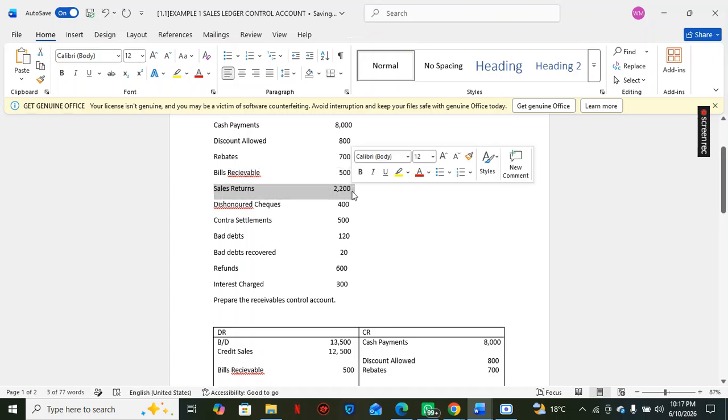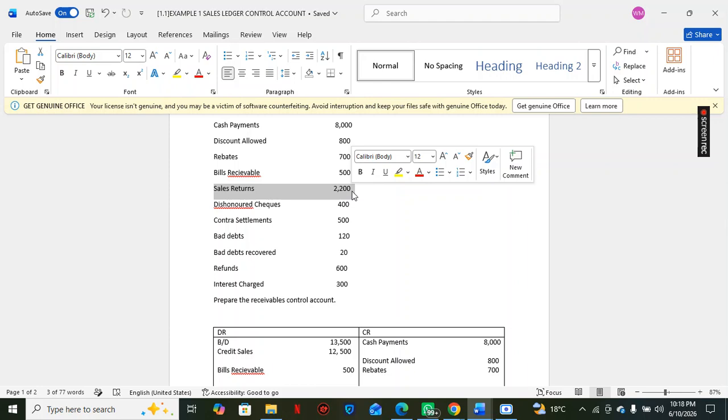Sales returns. Customers have brought back goods to us. We sold goods on credit to our customers. For example, a customer came and bought goods worth 1,000 from you. When they go home, they find goods worth 300 are damaged, so they return those goods.